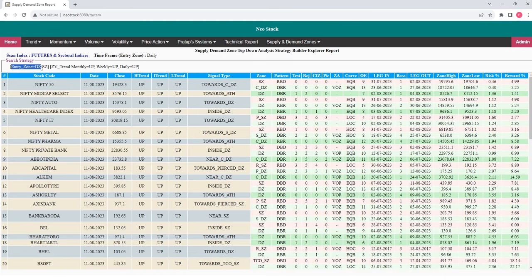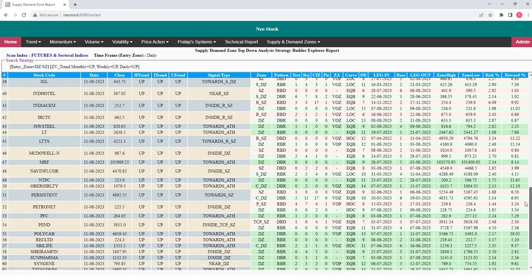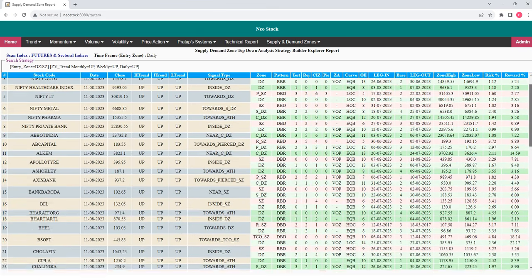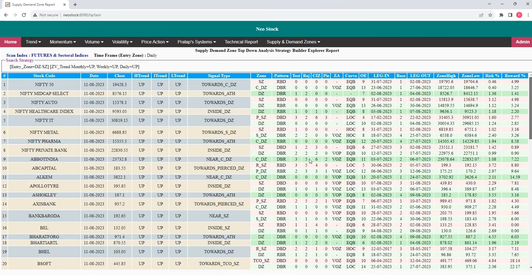Your entry zone could be demand or supply zone, and your zone violation trend monthly is up, weekly is up, daily is up. See how many stocks are filtered. Out of 201 stocks, 67 stocks are filtered now. Now it is much easier to explore these 67 stocks compared to the 201 stocks.